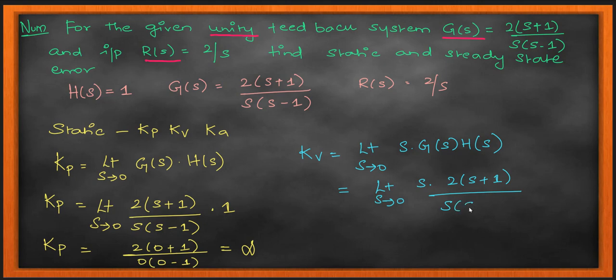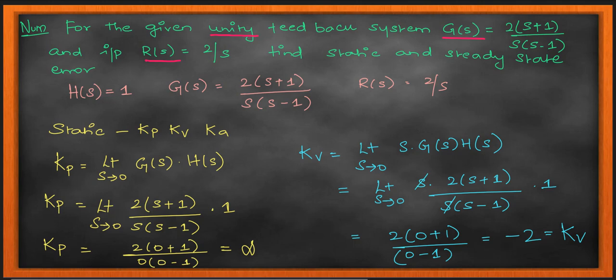My mind math is telling me it should be minus 2. Let's see what it comes to. It is coming to minus 2, yes. And what about Ka? I'm going to have S square, so that's going to keep an S in the numerator, and that's going to come out to be 0. So my Ka is going to be 0. Again, my mind is telling Ka to be 0.